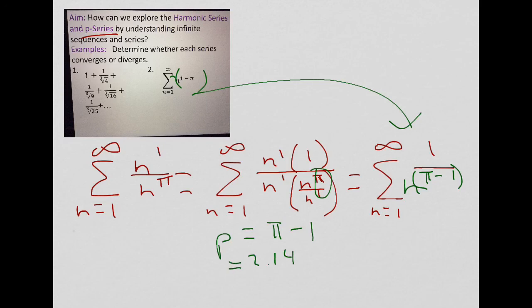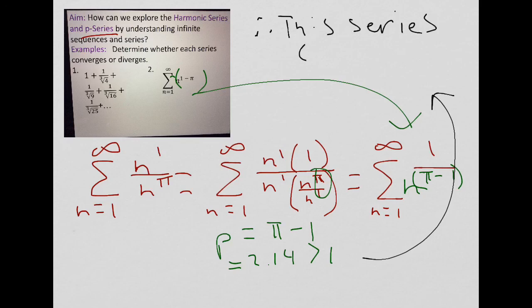Well, that happens to be greater than 1. Therefore, this series converges. Yay! We don't know its sum, but we know it converges. I hope you're happy with it as much as I am. And good luck in the practice.